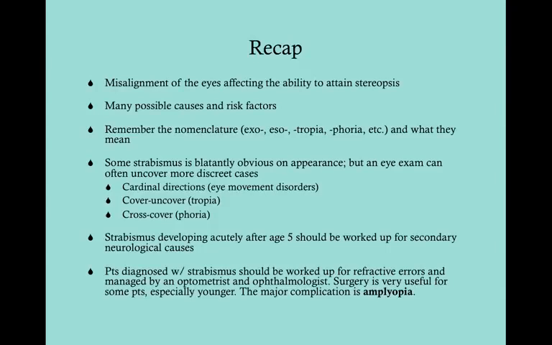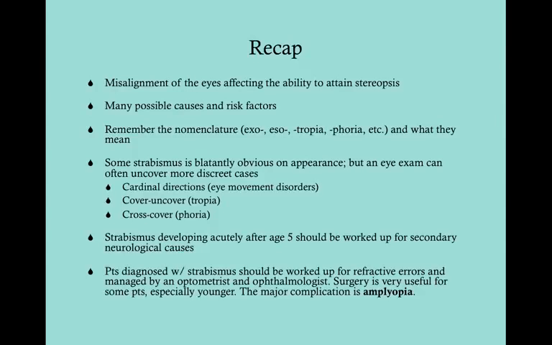Strabismus developing acutely after age 5 should be worked up for secondary neurologic causes, because strabismus usually does not develop after that point without some kind of secondary cause, and usually it's neurologic. Patients diagnosed with strabismus should be worked up for refractive errors as well as any other eye pathologies, and they should be managed by an optometrist and an ophthalmologist.